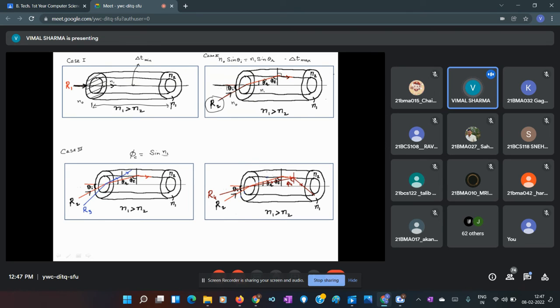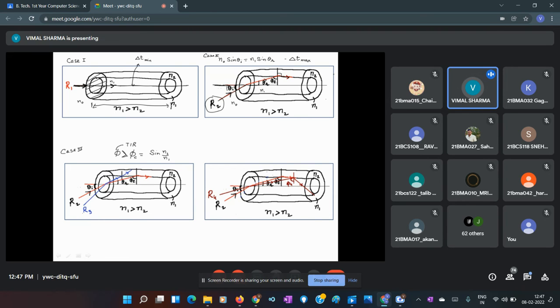This is N2 divided by N1. And for all other angles phi greater than this phi c, total internal reflection happens. So total internal reflection is observed for all angles phi greater than phi c.